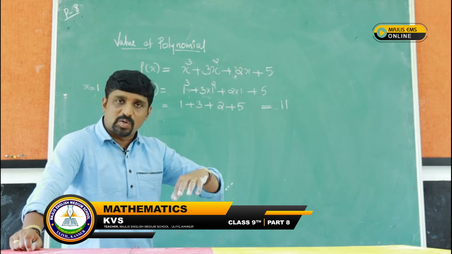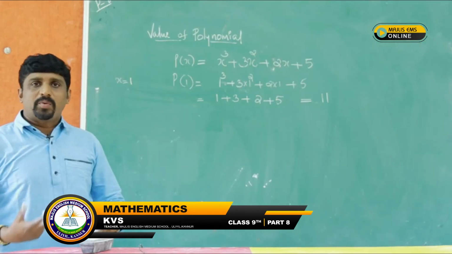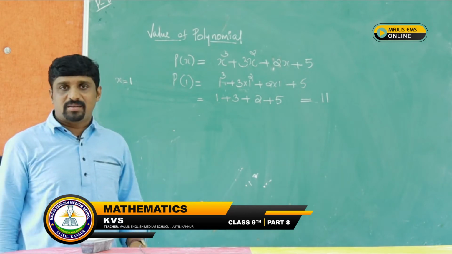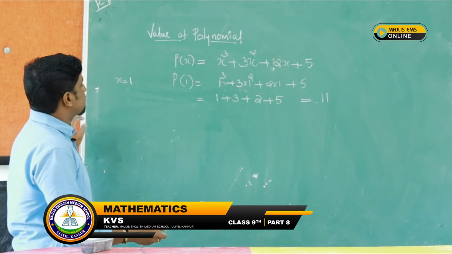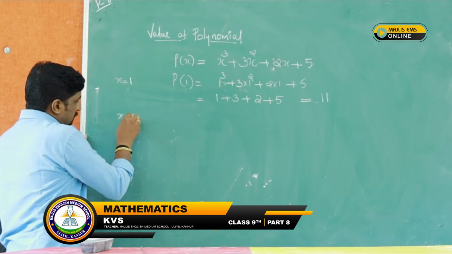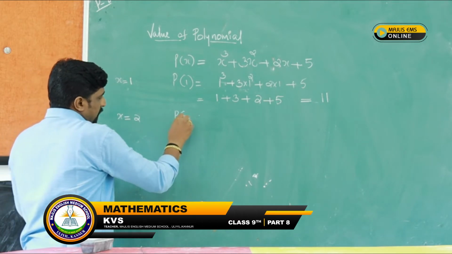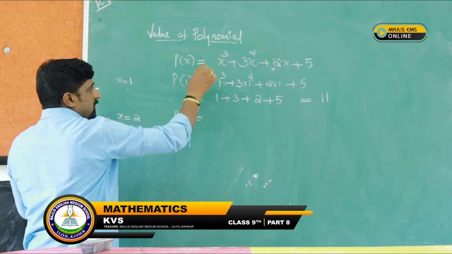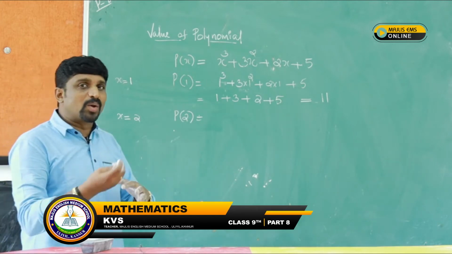When we substitute another number for x, we get another value. Now I take x equal to 2. P of 2 means in this p of x we substitute x equal to 2.